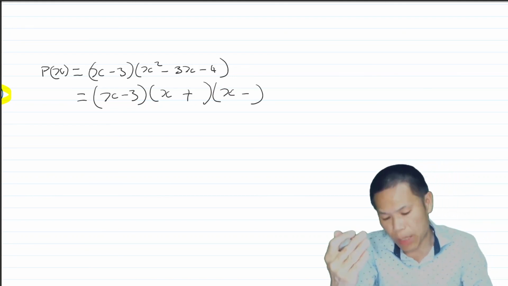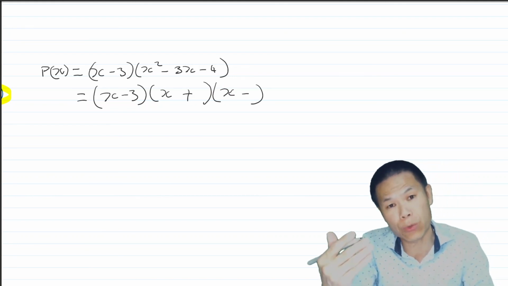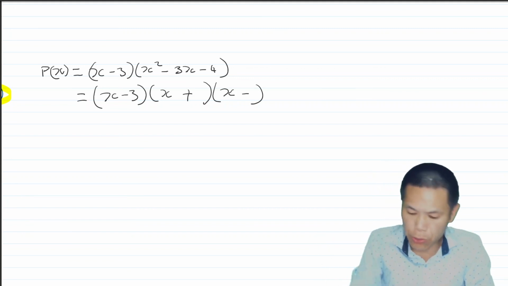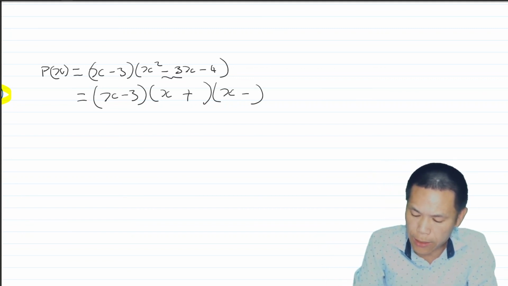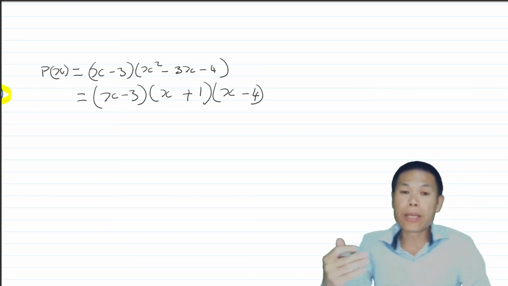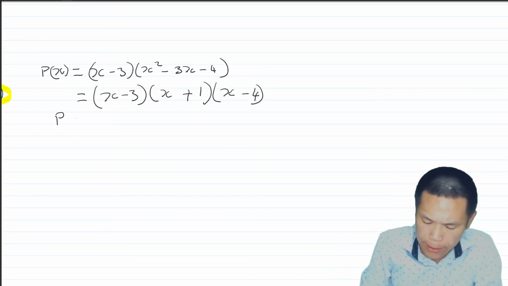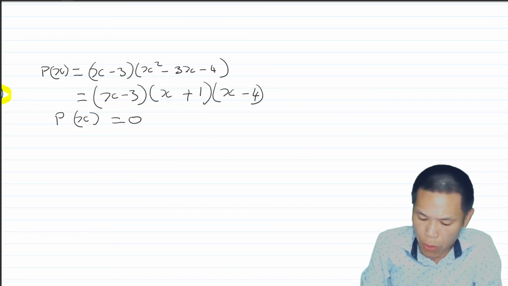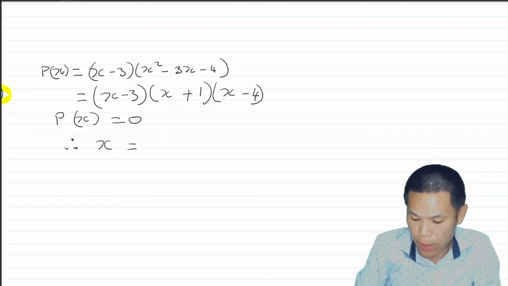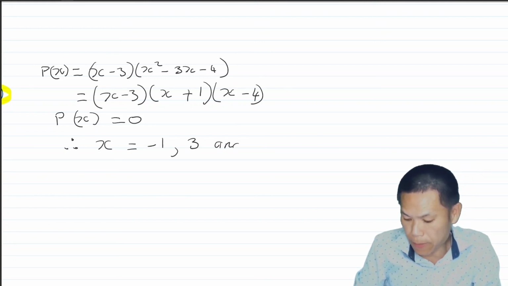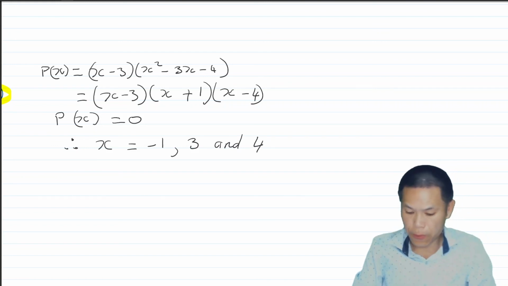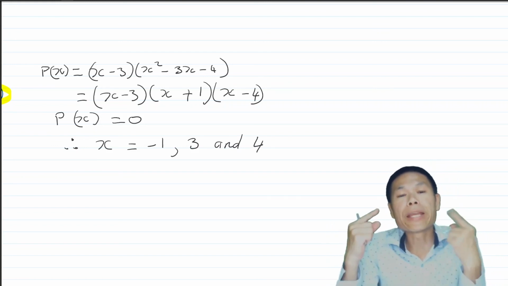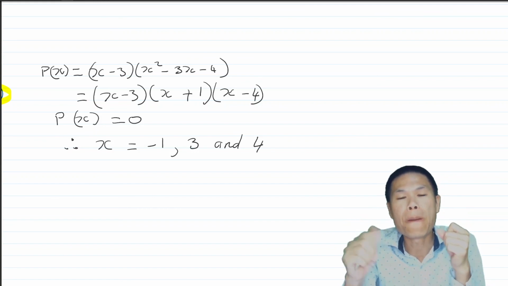And two numbers that multiply to give me 4 and the difference is 3, so 1 and 4. But because of negative 3, the larger number goes on the negative side, okay? 1 and 4. So there you go. So when p(x) is equal to 0, therefore, x is equal to negative 1, 3, and 4. There you go. Thank you so much for watching. Bye.